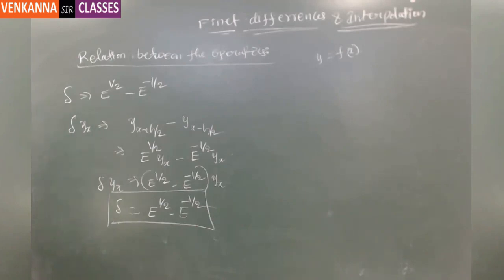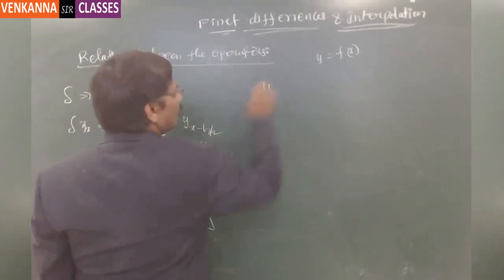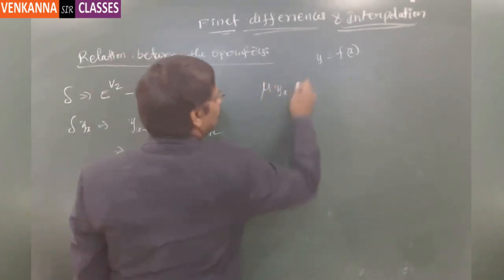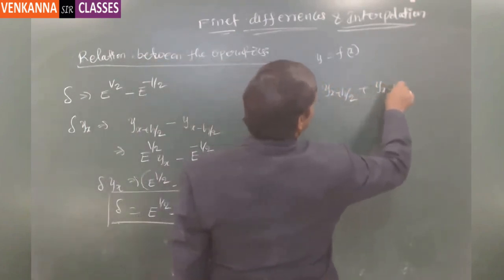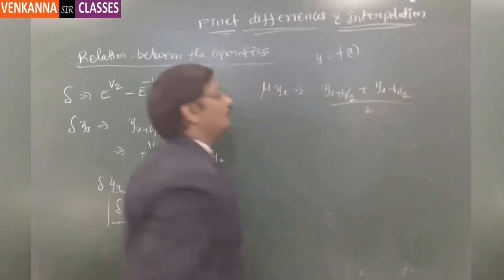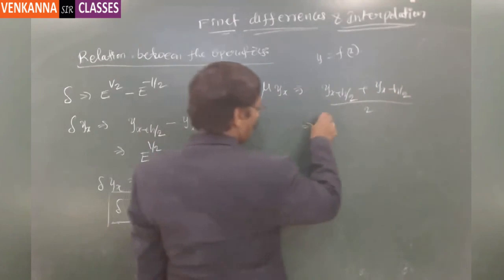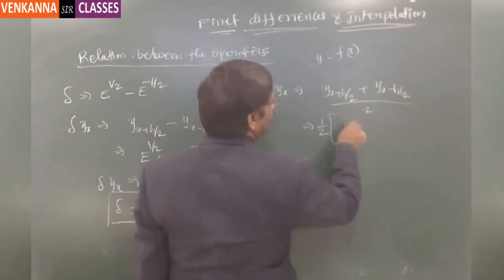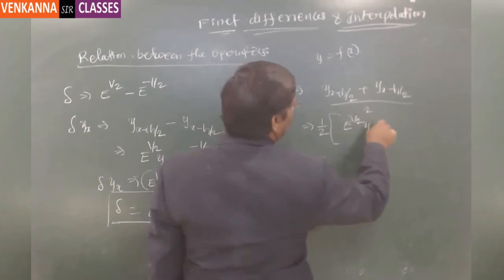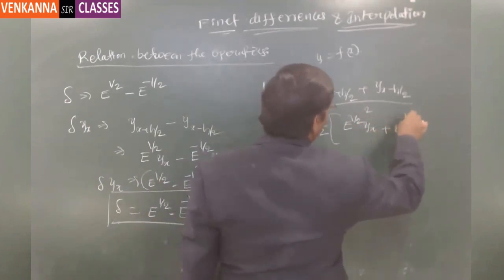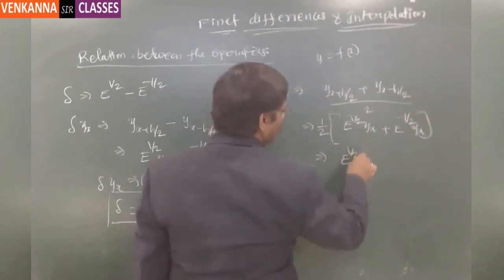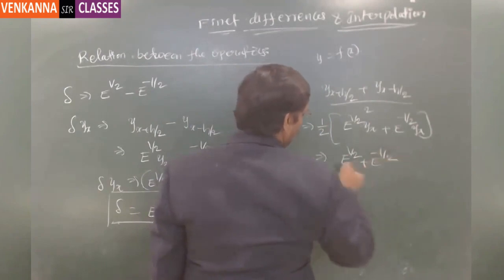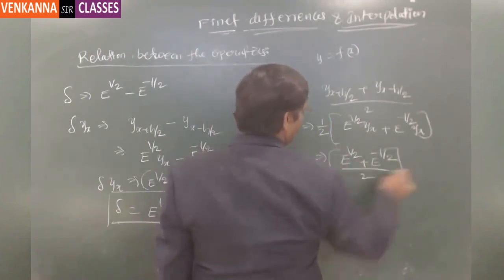Similarly, we have the averaging operator as well. The averaging operator is mu. Mu, if it is operated on y(x), is going to be y(x plus h by 2) plus y(x minus h by 2), divided by 2. So this value is going to be 1 by 2 times E power 1 by 2 operated on y(x) plus E power minus 1 by 2 operated on y(x), which is (E power 1 by 2 plus E power minus 1 by 2) divided by 2, operated on y(x).